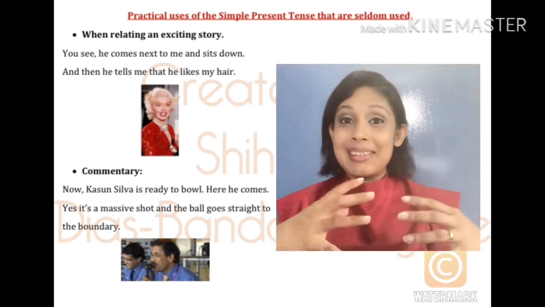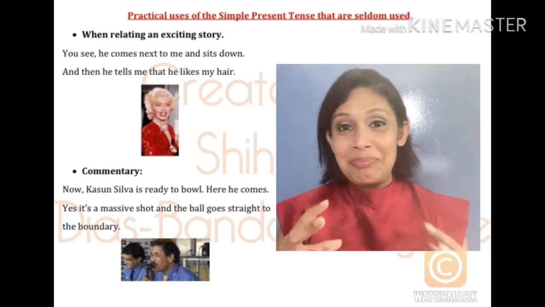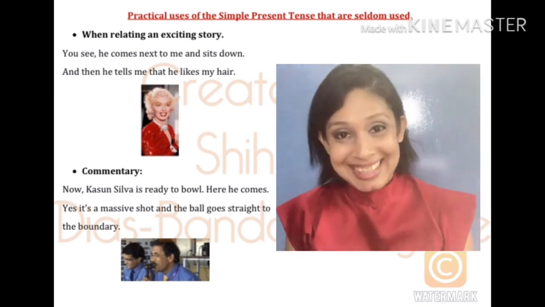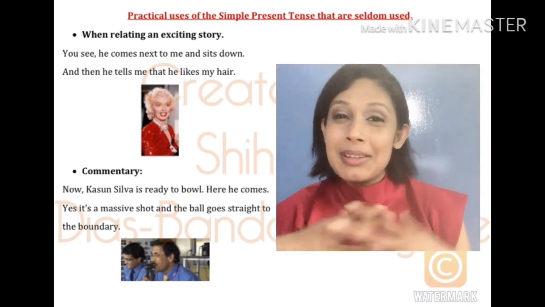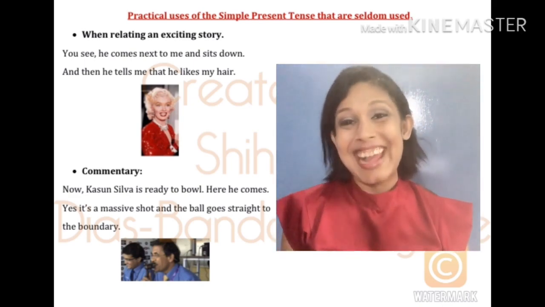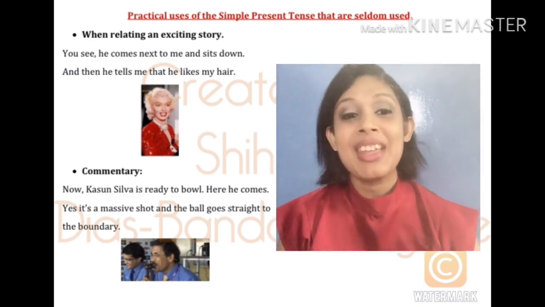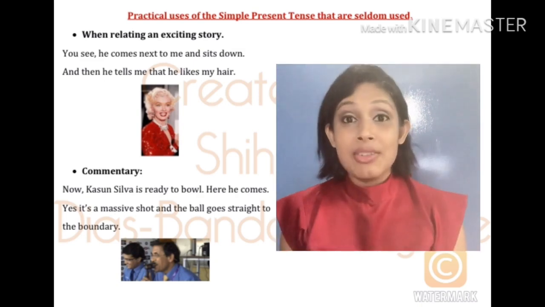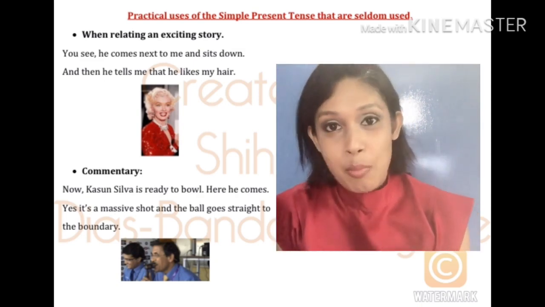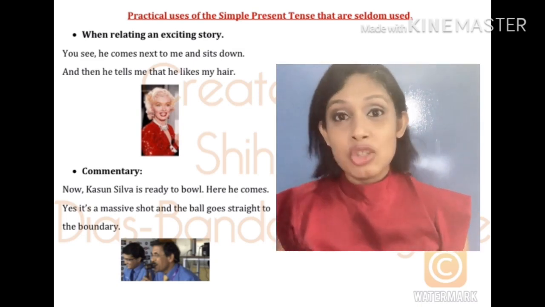Okay, so there's a little bit of a problem with theory and practice here. A little conflict with it. Right. So now, for example, the first instance, as I've shown here, is when you really like someone and you are relating a story regarding that.